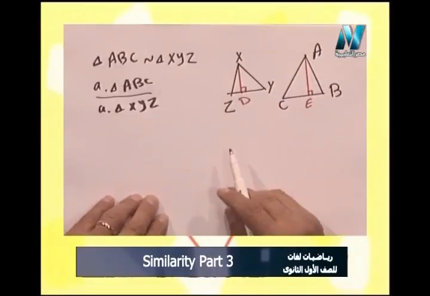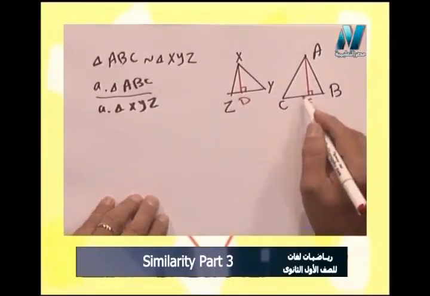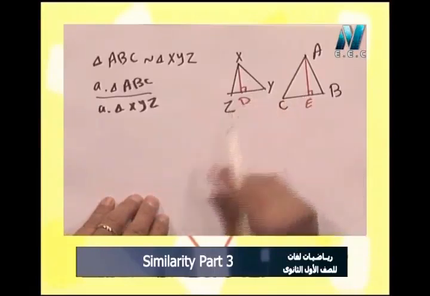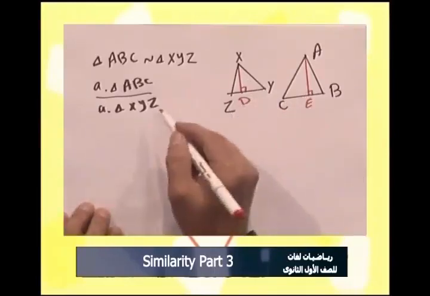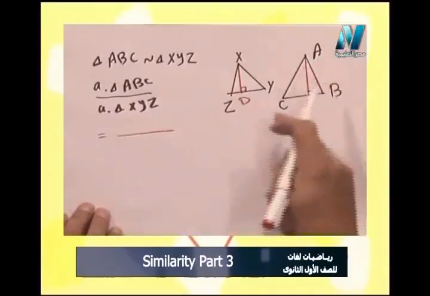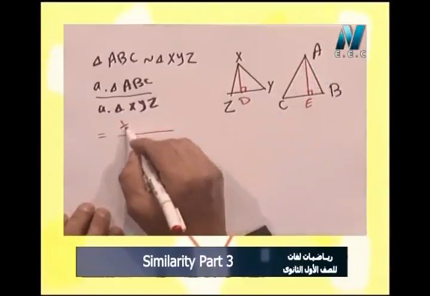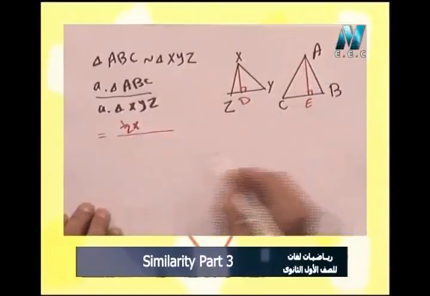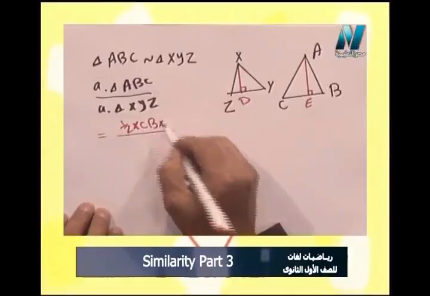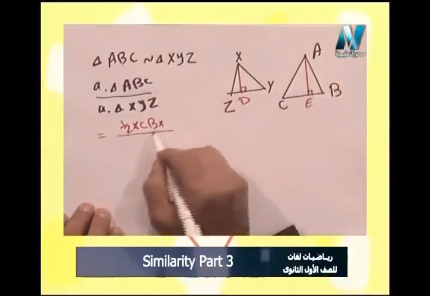If you want to find the ratio between the area of triangle ABC to the area of triangle XYZ, we will write the area of triangle ABC equals half, as you know, times base, which is CB, times height, which is AE.